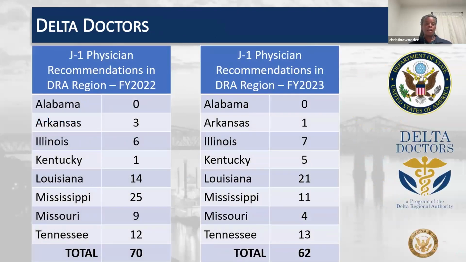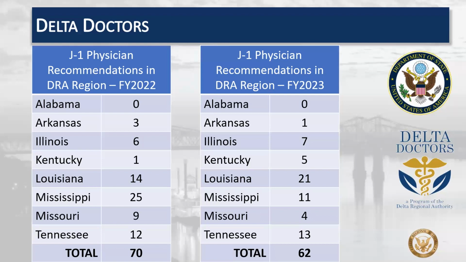So these are some of our numbers. Excuse the sniffling, I've had a nosebleed, so it looks like it's trying to take over again. For FY 2022, I'm going to have to stop the video and continue. My apologies.